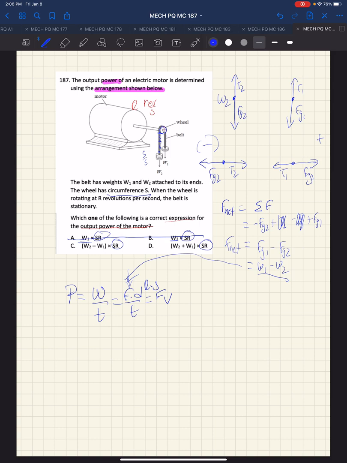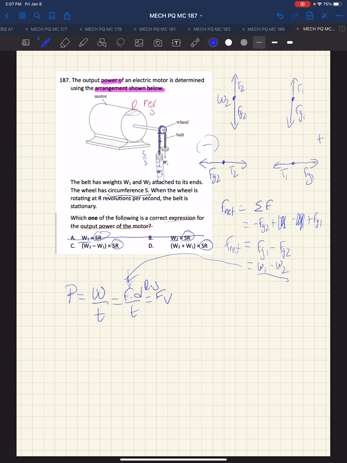The power output of this motor is going to be different depending on the masses on each side and the difference between those masses. If we added many more weights to this side, we know the motor is going to have to work harder if it travels at the same speed, same R. So it can't be due to just one or the other.